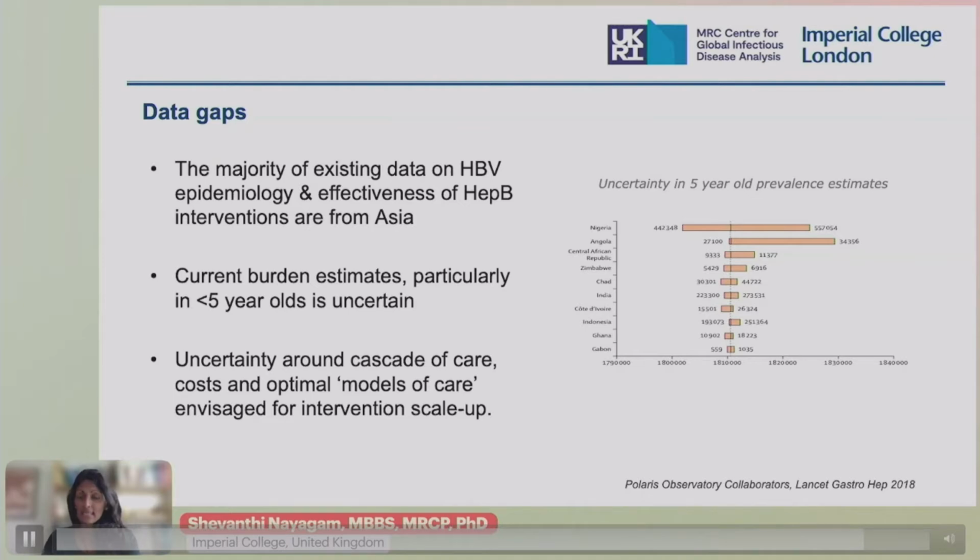So really, some of these data gaps need to be filled. And then furthermore, there's uncertainty around the cascade of care, the costs and optimal models of care envisaged for these various interventions' scale-up. More clarity on this and more empirical data will obviously guide the modelling estimates.